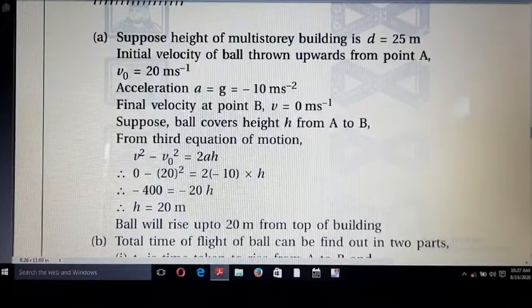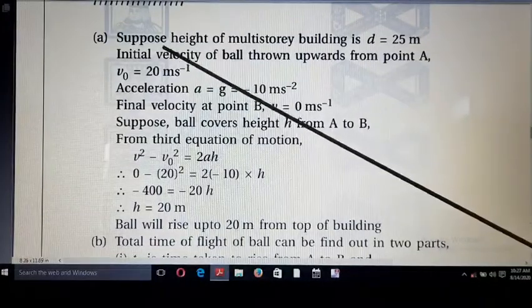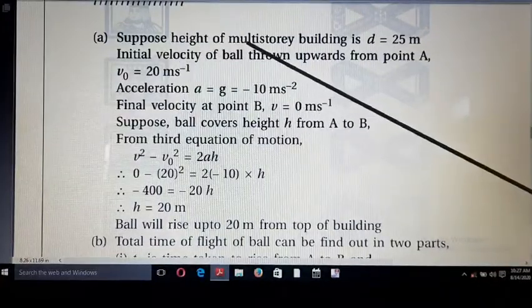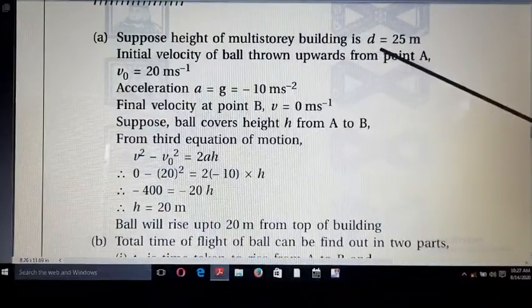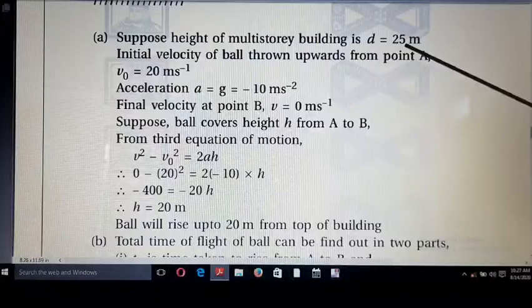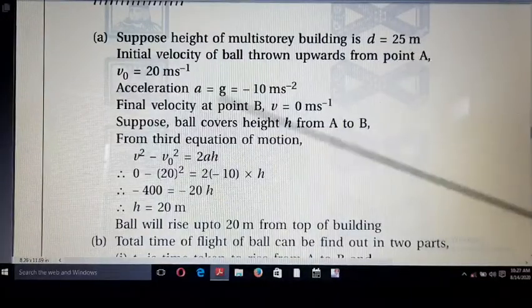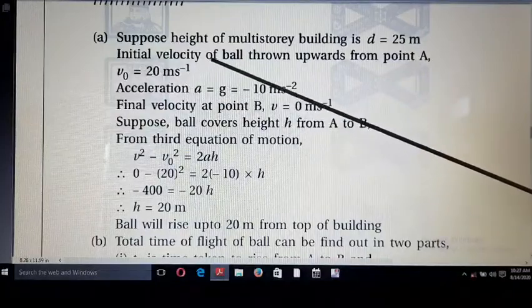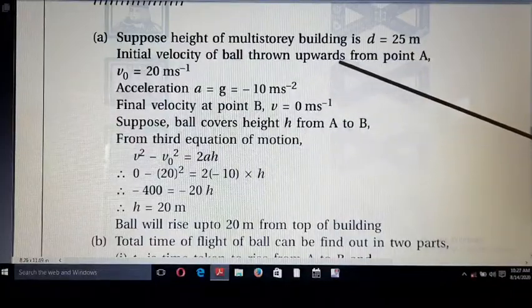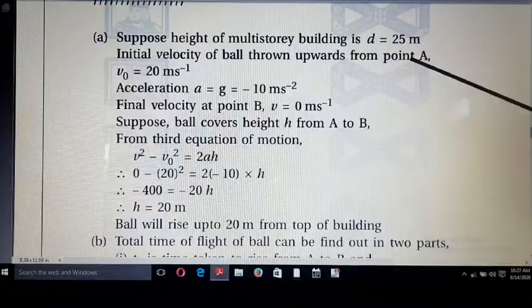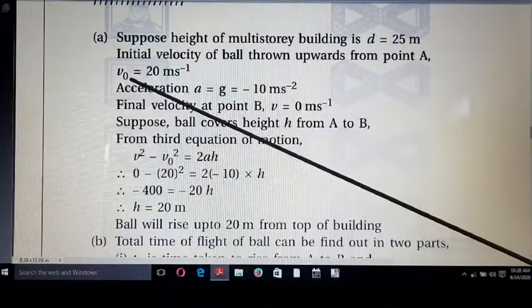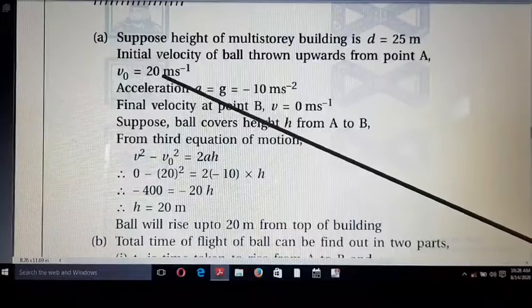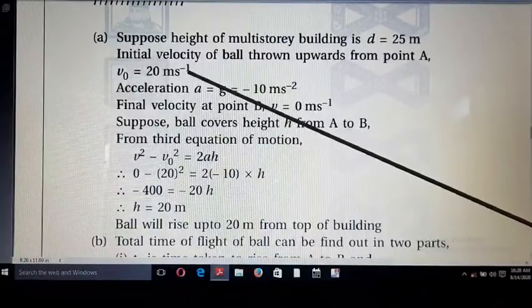Look here. Suppose height of the multi-story building is D is equal to 25 meter. Initial velocity of ball thrown upward from point A, means initial velocity V0 is equal to 20 meter per second.